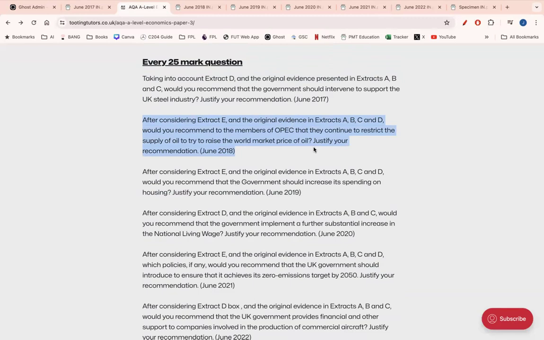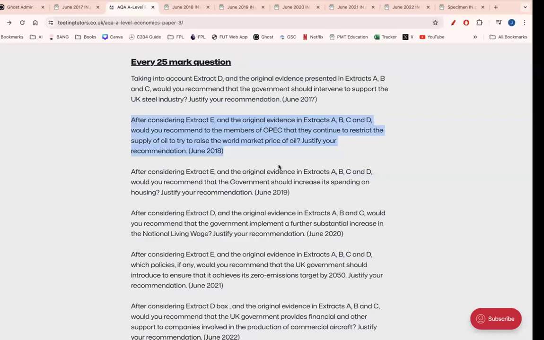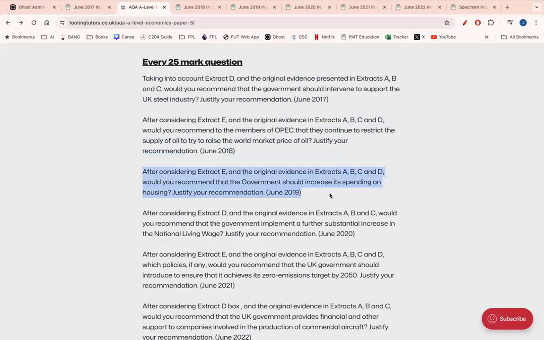Wait 1 second, I'll just find the list. You see the paper three 2018 was about oil. That came up in the 2023 AS paper in micro, oil and OPEC. And then you see how 2019 was about housing. That came up in the 2016 paper one for AS, which was housing.